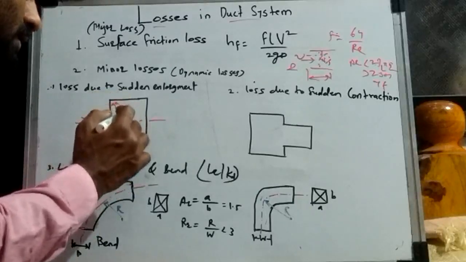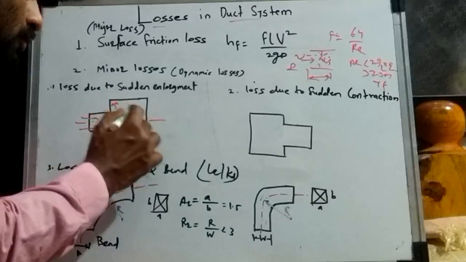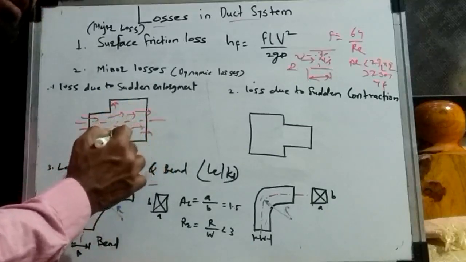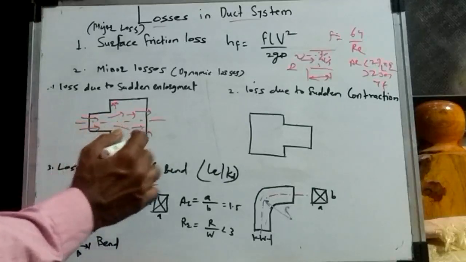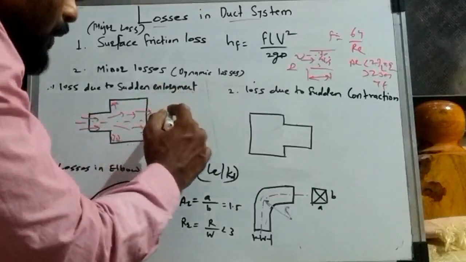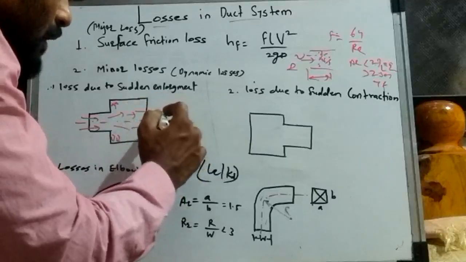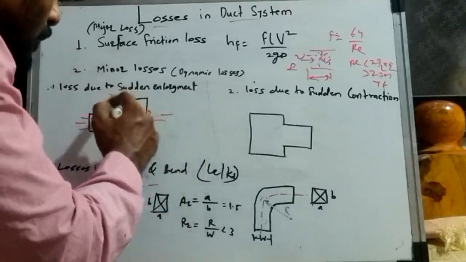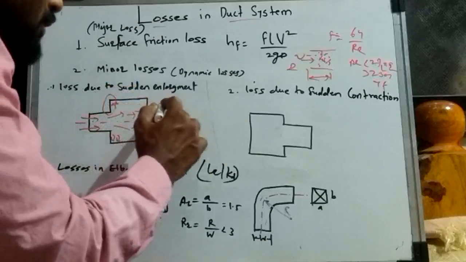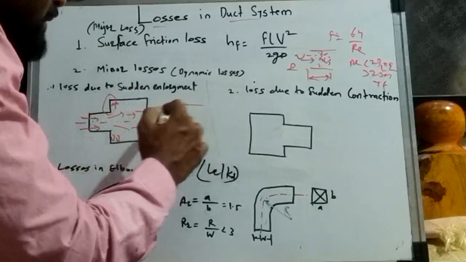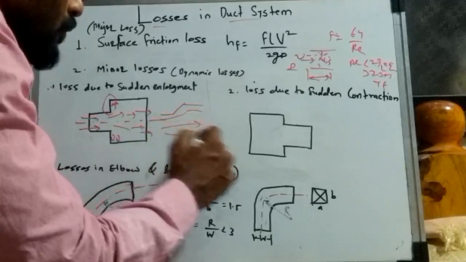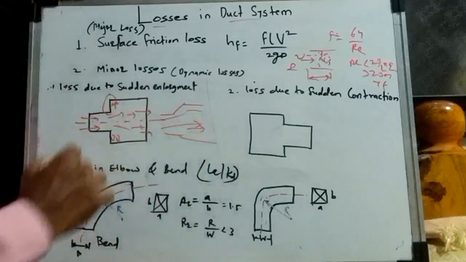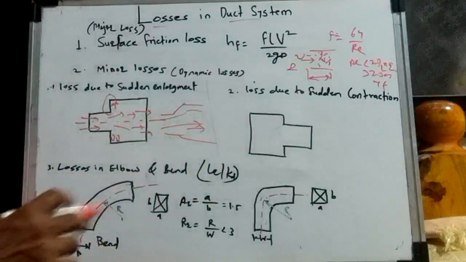These eddies cause loss of pressure, so that should be avoided. In order to avoid this loss, we should not provide these types of corners. Instead, we provide this type of arrangement so that uniform flow occurs through the passages and there is no loss of pressure, right?